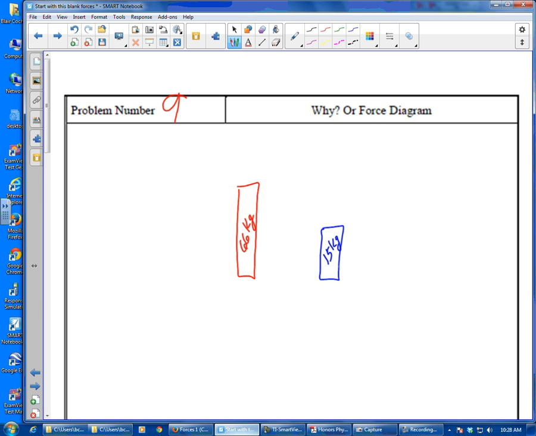So my correct force diagram would have a weight down, normal force up, and there's a force on the brother due to the sister, and on the sister we have her weight. I'm going to call that FGS.